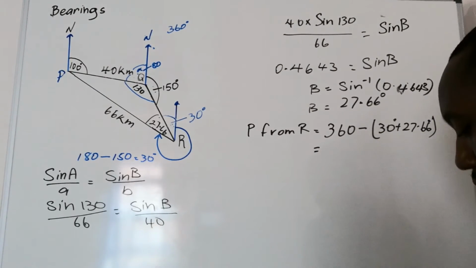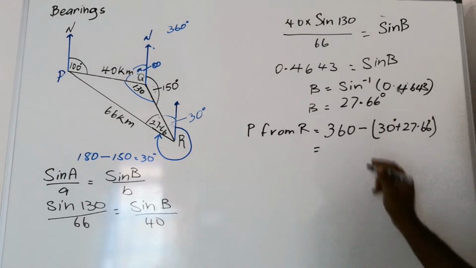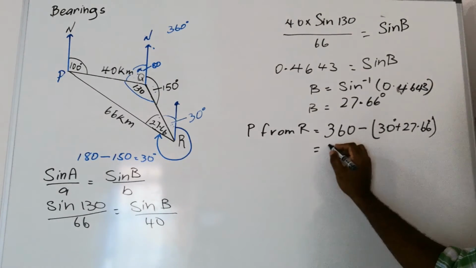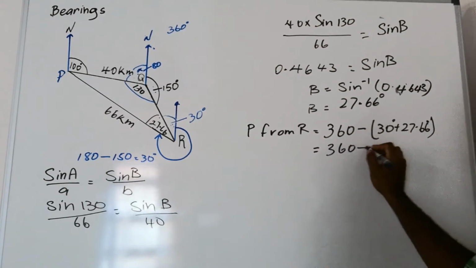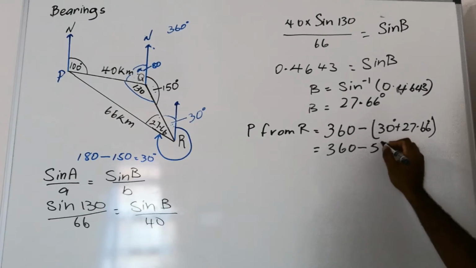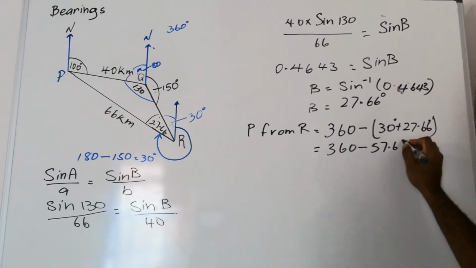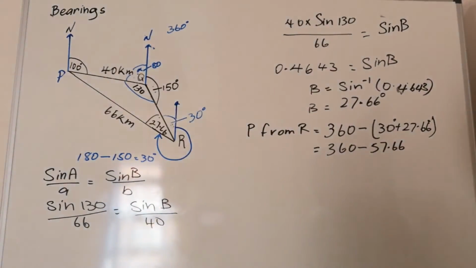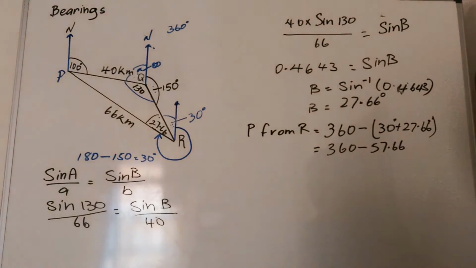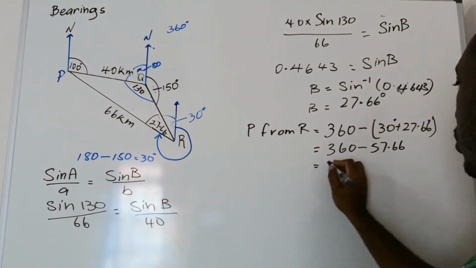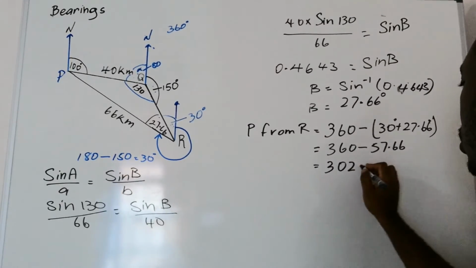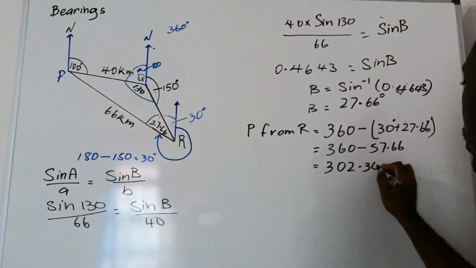So that will be 360 minus 57.66 degrees. All right, and then when we subtract 360 minus 57.66 degrees, we will have 302.34 degrees.